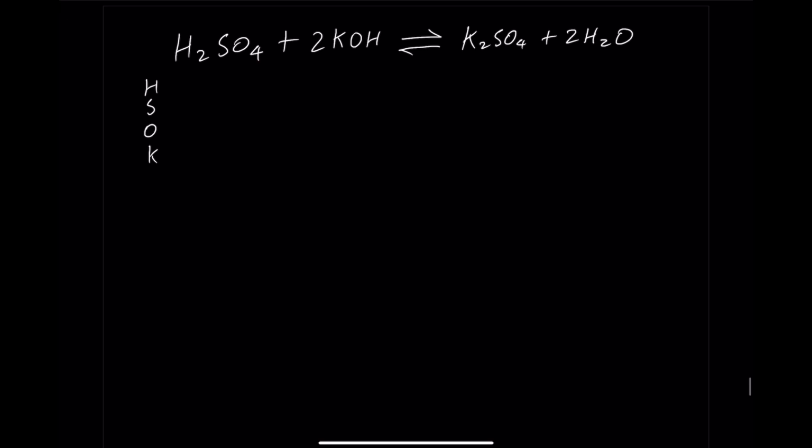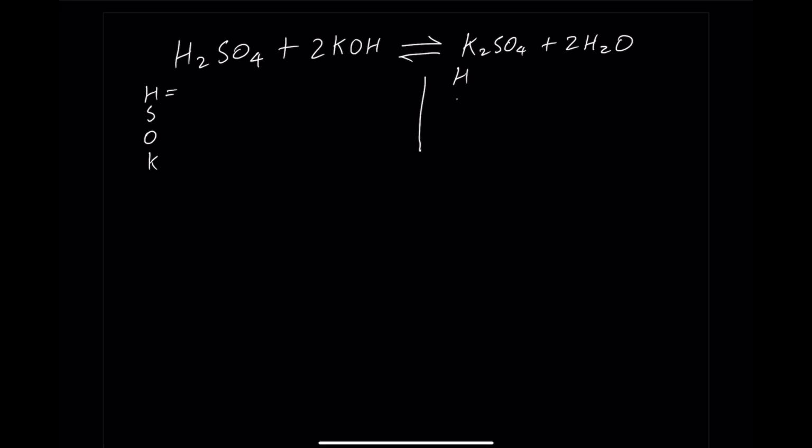You should be able to balance equations by this point, but if you're not certain your answer is fully balanced, you can make a little table on either side with H, S, O, K. H is 4, S is 1, O is 6, K is 2, and on this side we have two potassiums, oxygen 6, sulfur 1, hydrogen 4.